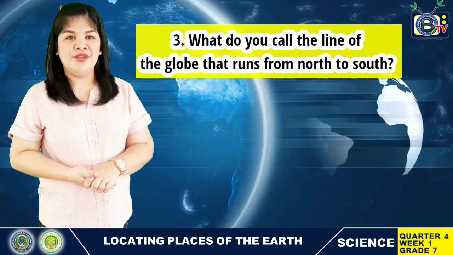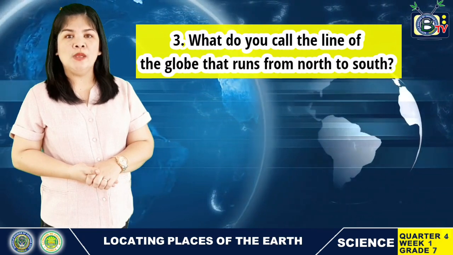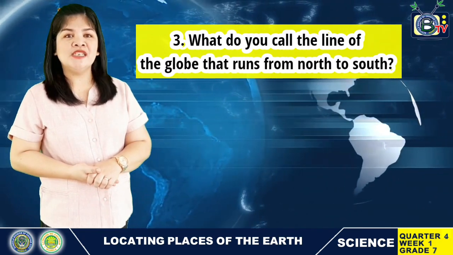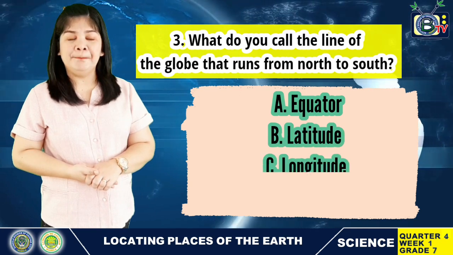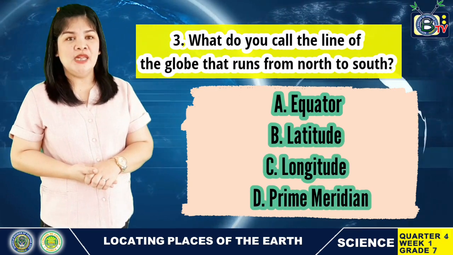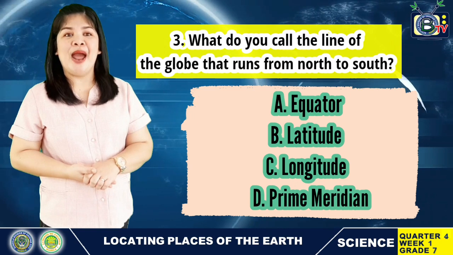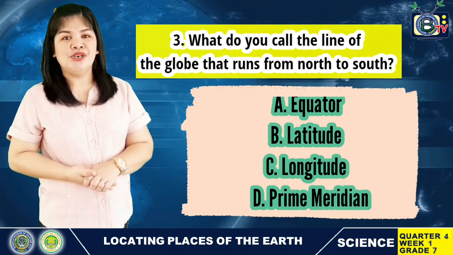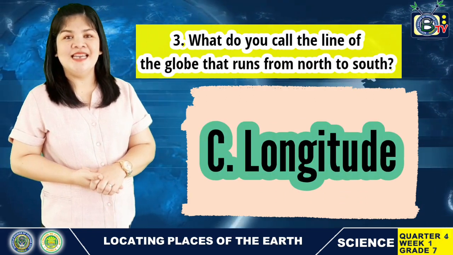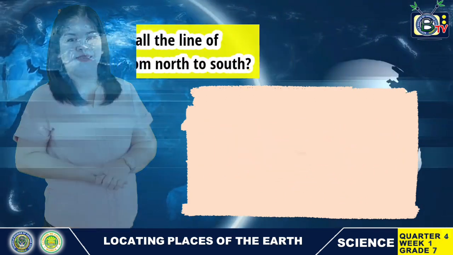For item number 3, what do you call the line of the globe that runs from north to south? A. Equator. B. Latitude. C. Longitude. D. Prime meridian. Your answer should be letter C, or longitude.